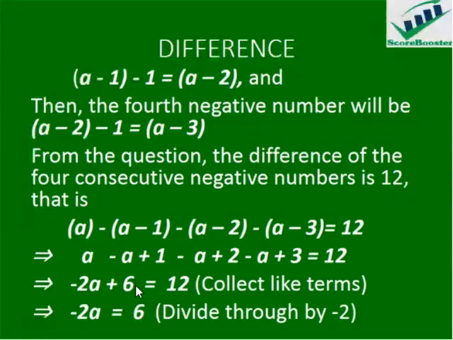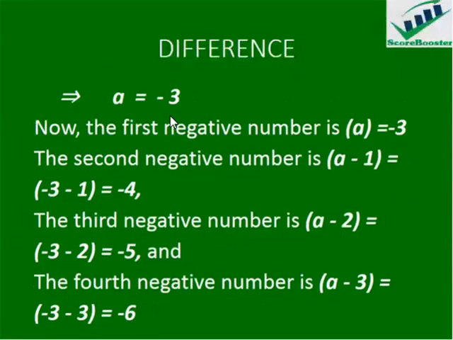So minus 2a plus 6 minus 6, which we have introduced, plus 6 minus 6 will give 0, minus 2a plus 0 will give minus 2a, and here whatever you do to this side you also do to this side. Since we introduce minus 6 to this side, we introduce it to this side. 12 minus 6 will also give what? 6. So we are looking for ordinary a, not minus 2a. So we divide through by the coefficient of a, divide through by minus 2, and we are left with a equals minus 3, which means the first negative number is minus 3.